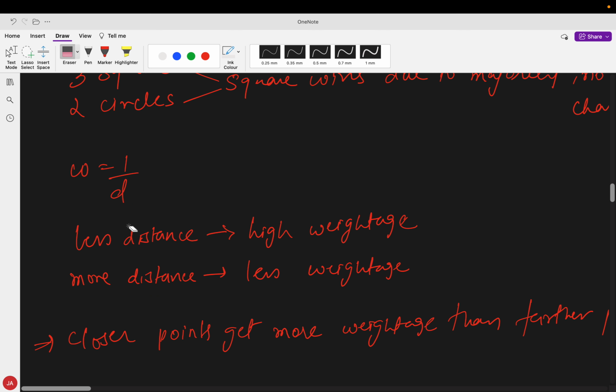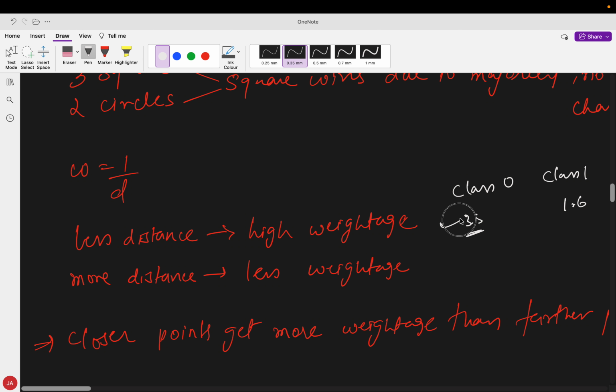So we use a formula: weight equals 1 upon distance. If our distance is less, the weightage would be high, and if the distance is high, the weightage would be less, and we use the weightage to calculate the class. Let's say class 0 weightage is 3.5 and class 1 weightage is 1.6.